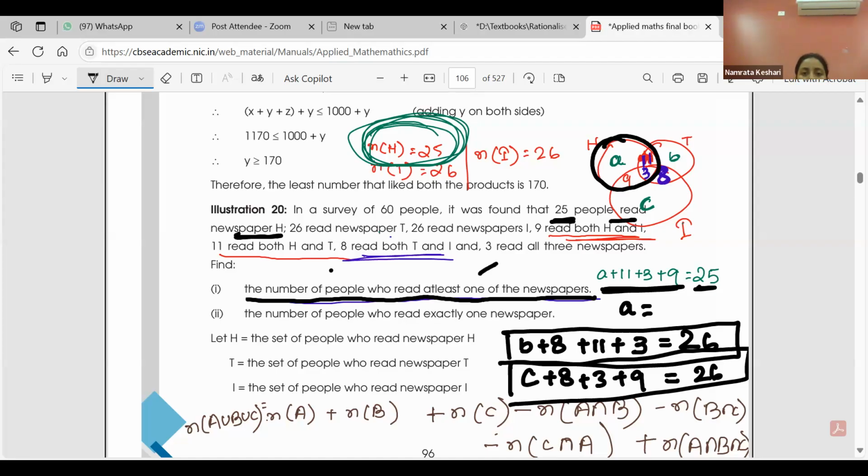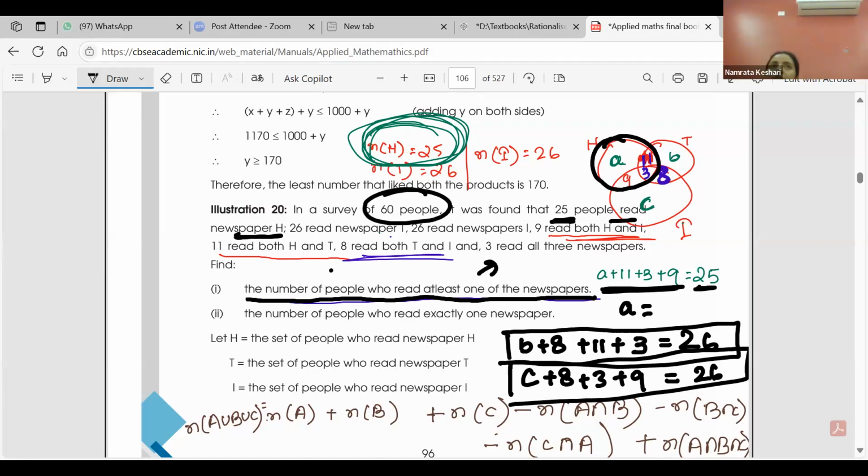So all added together will give us, in a survey of 60 people, those who read both, this one, this one, and all three. We have to check that all of them added together, is it giving 60 or not?